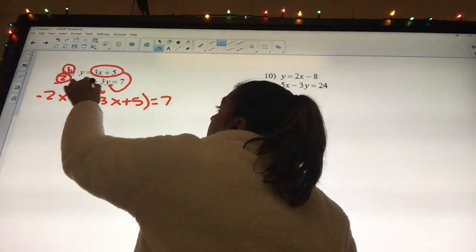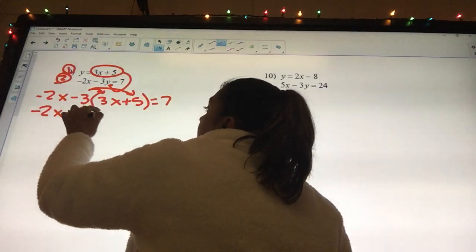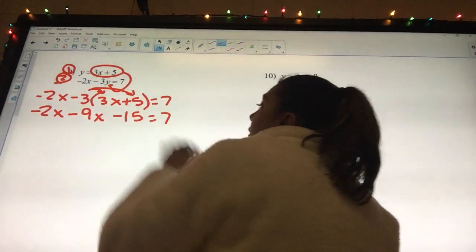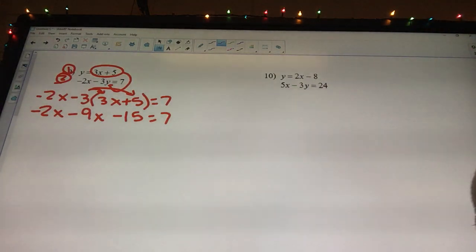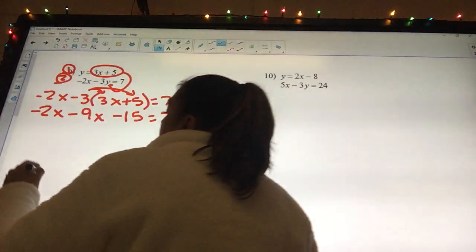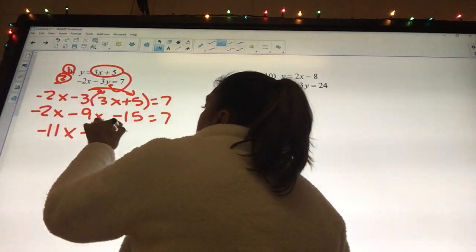We're going to distribute. So I got negative 2x minus 9x minus 15 equals 7. Nine, 10, 11, it's going to be 11x minus 15 equals 7.